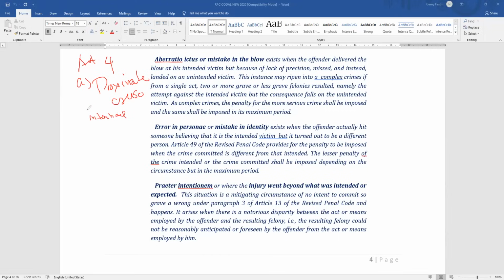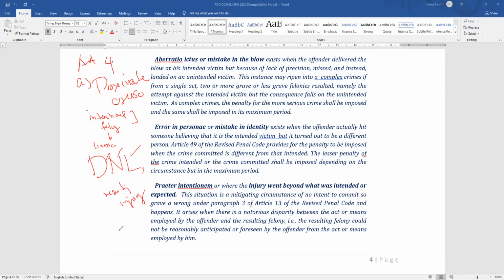A person who commits an intentional felony is liable for what? Liable for the DNL, direct, natural, and logical consequences of his unlawful act. Liable for the resulting injury.